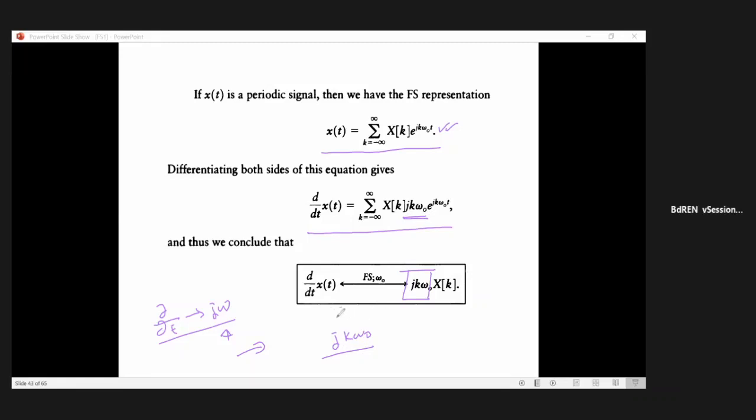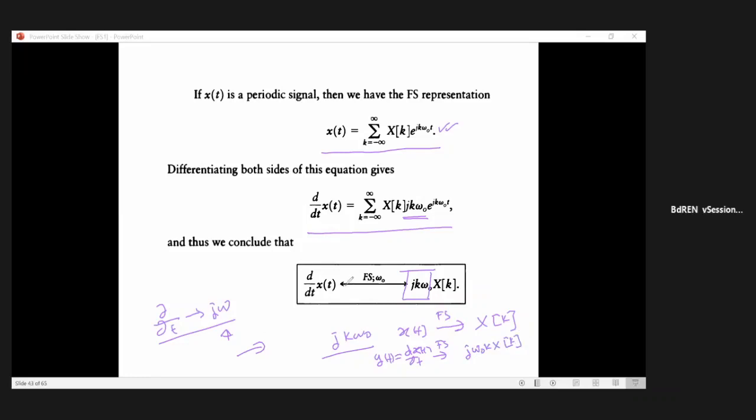So in conclusion, what can we say? If we have a signal x(t) whose Fourier constant is x_k, and our Fourier constants all refer to the exponential form, then if we have another signal y(t) equal to dx/dt, that means the derivative of a signal, the Fourier series of this signal will have Fourier constant y_k equal to j omega 0 k times x_k.